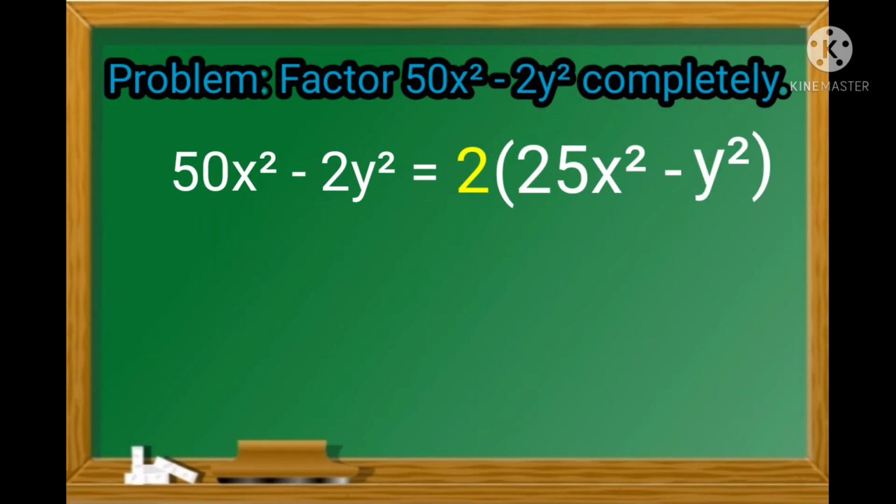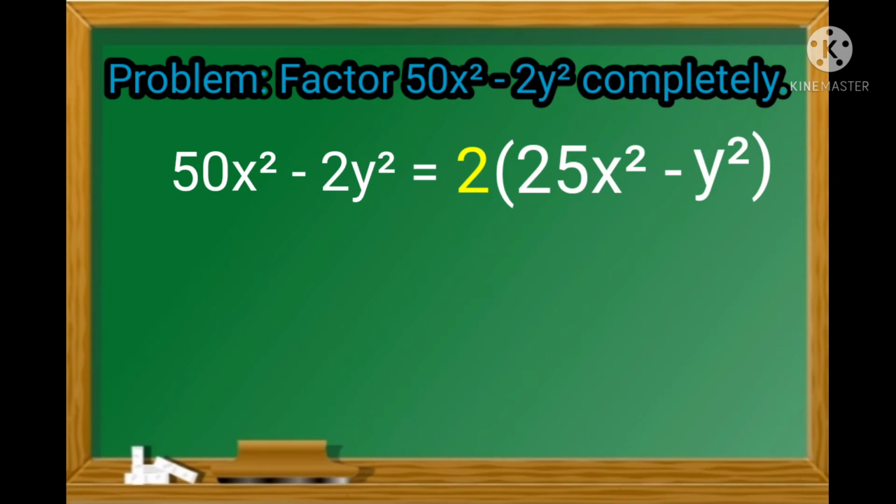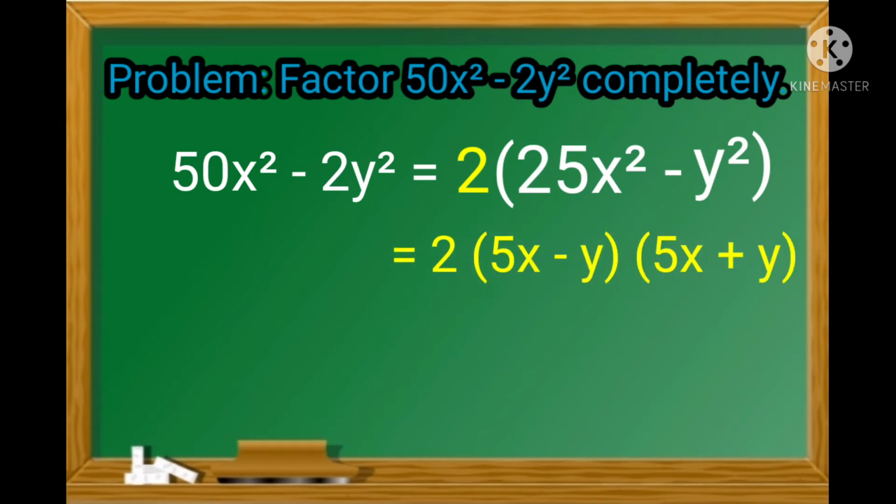Take note, our second factor, 25x squared minus y squared, is still factorable using another factoring technique, which is difference of two squares. To factor 50x squared minus 2y squared completely, that becomes 2 times quantity 5x minus y and 5x plus y.